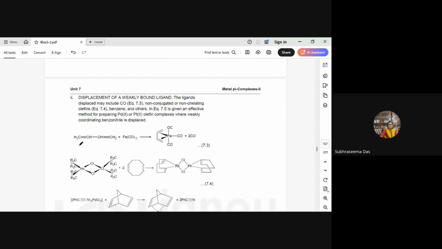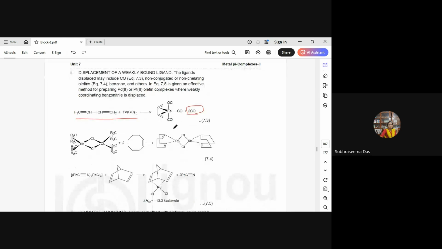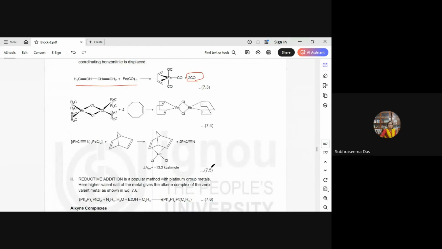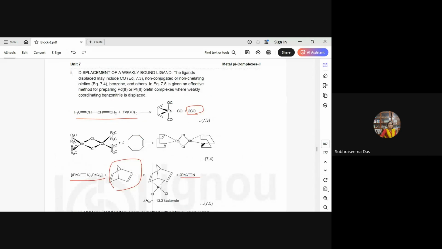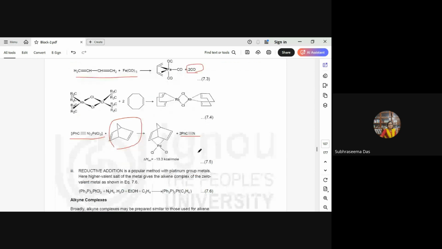In this equation, we can see Fe(CO)5 plus the ligand, and with the displacement of one CO ligand, we see the complex has been formed. Similarly, in equation 7.5, this is an alkene palladium complex, and it reacts to form the complex, typically displacing C double bond N, and then this palladium complex is formed.